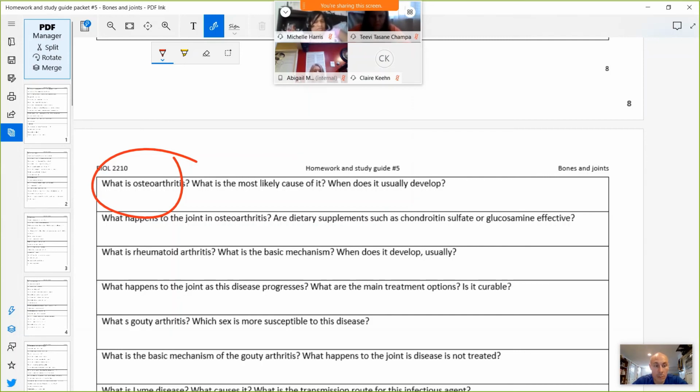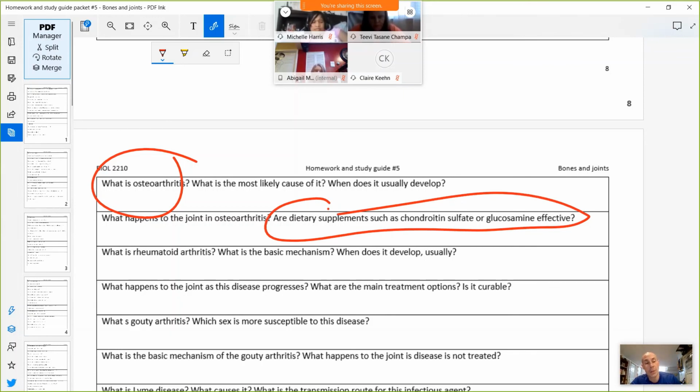Rheumatoid arthritis, autoimmune disease. The immune system attacks the synovial membrane in the joint, leading to inflammation of the synovial membrane. That's synovitis. Then it progresses, forming connective tissue, scar tissue between the ends of the bone, and that scar tissue is fibrous ankylosis.